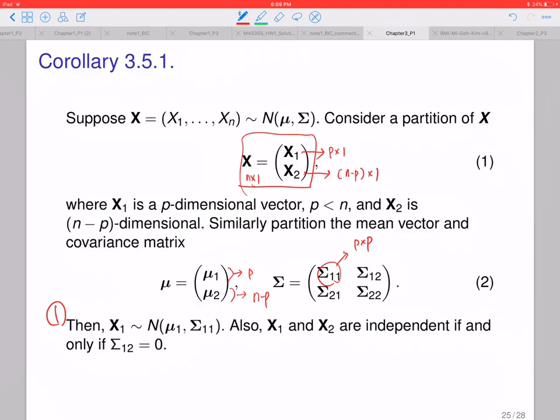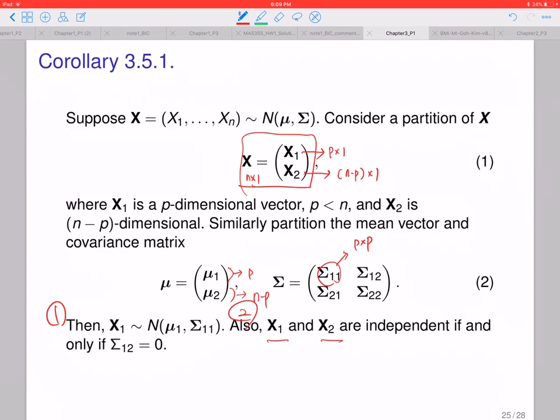One implication is, first, a subvector of the original random vector is also normal, and secondly, independence is equivalent to zero covariance for the multivariate normal distribution.